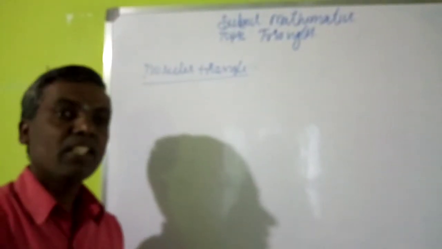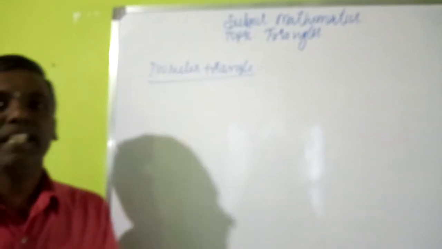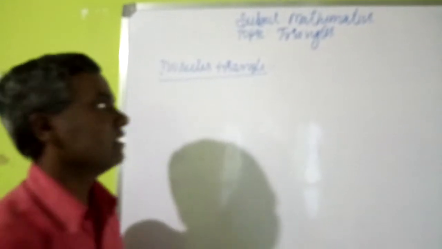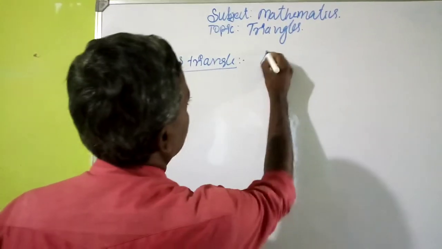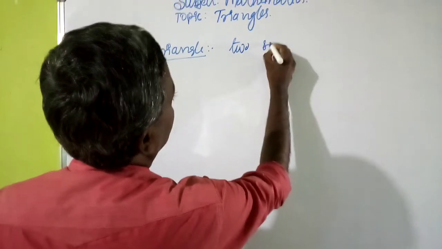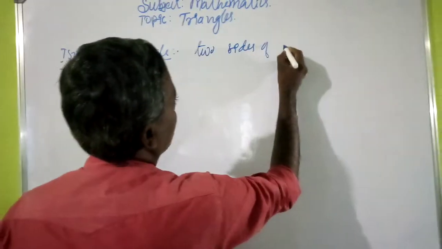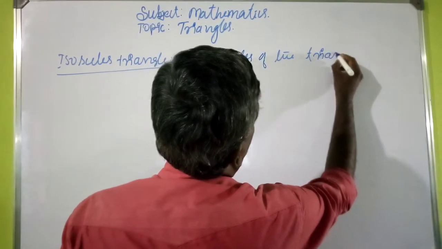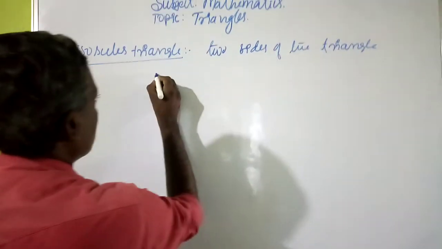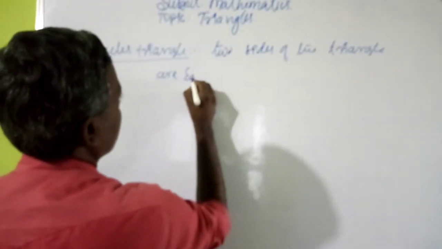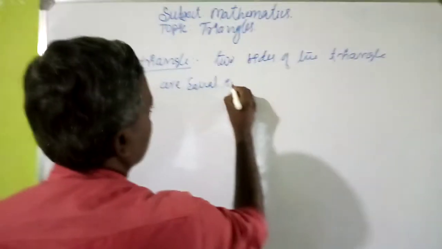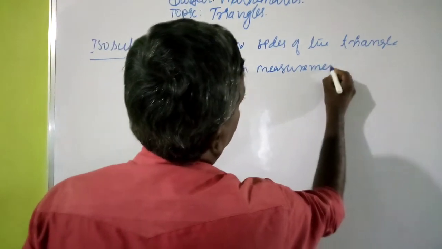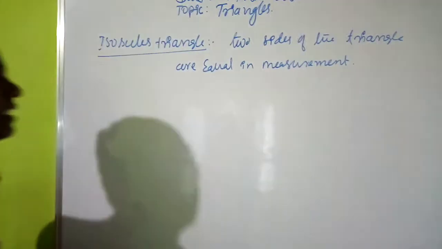So once again, dear students, an isosceles triangle means two sides of a triangle are equal in measurement. That is called an isosceles triangle.